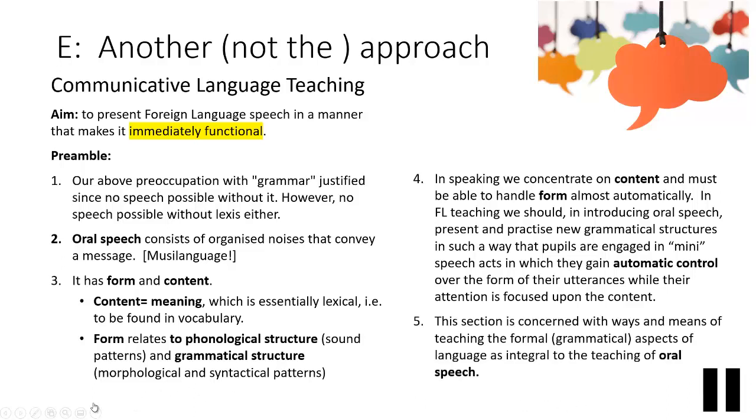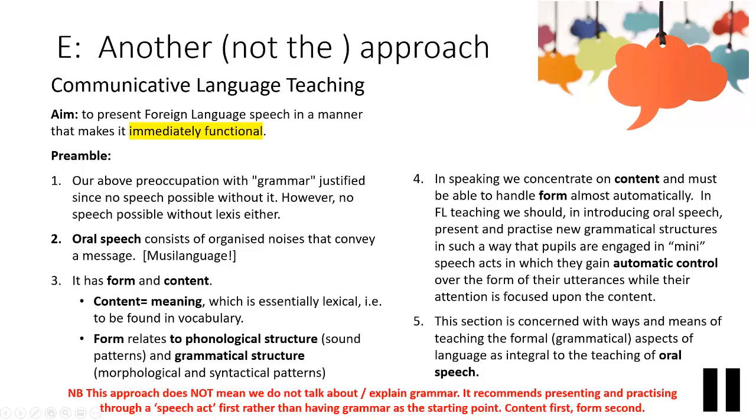So the section that I'm looking at now is concerned with the ways and means of teaching the formal aspect of language as integral to the teaching of oral speech. So you aren't teaching this in a vacuum, you're also using speech. You're using it as a reason to do lots and lots of speaking.